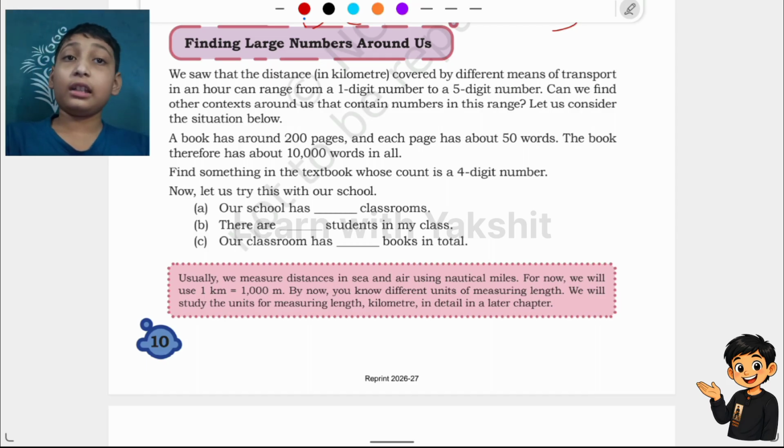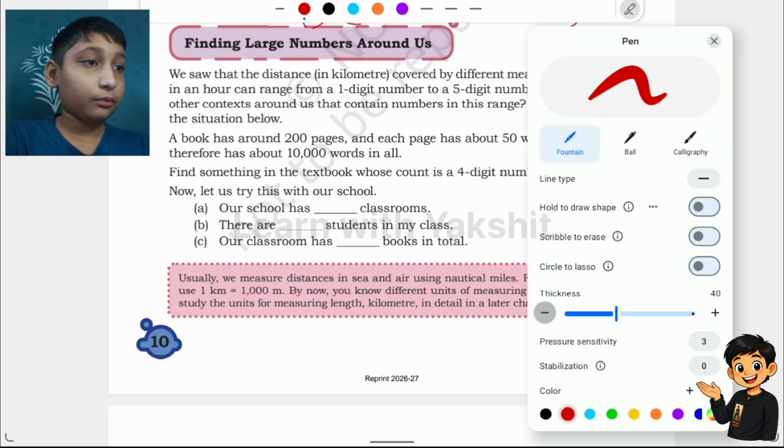Our school has class 1st to class 12th, meaning there are 12 classes in total.